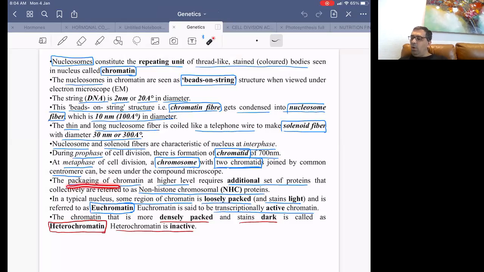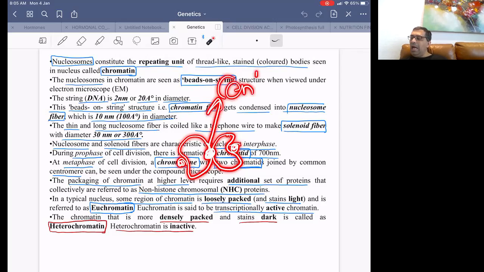And packaging of chromatin at a higher level requires an additional set of proteins which are called non-histone chromosomal proteins. At an additional level, more packaging takes place, and you have the chromosome made up of chromatin, with the centromere in the middle and kinetochores on the side.